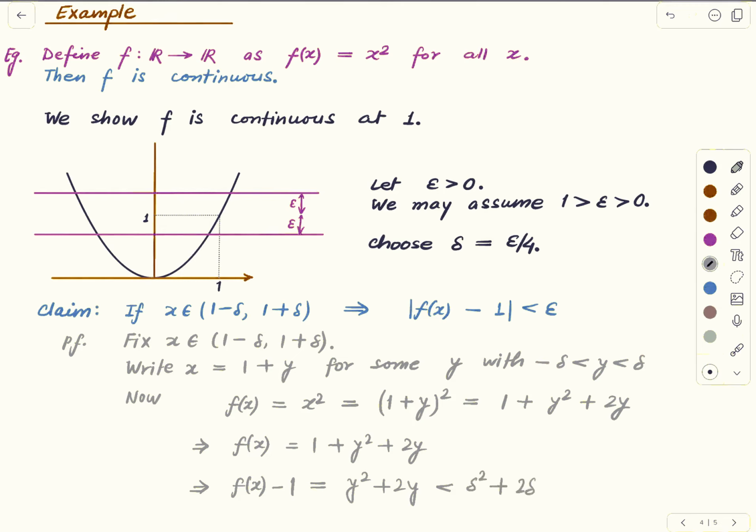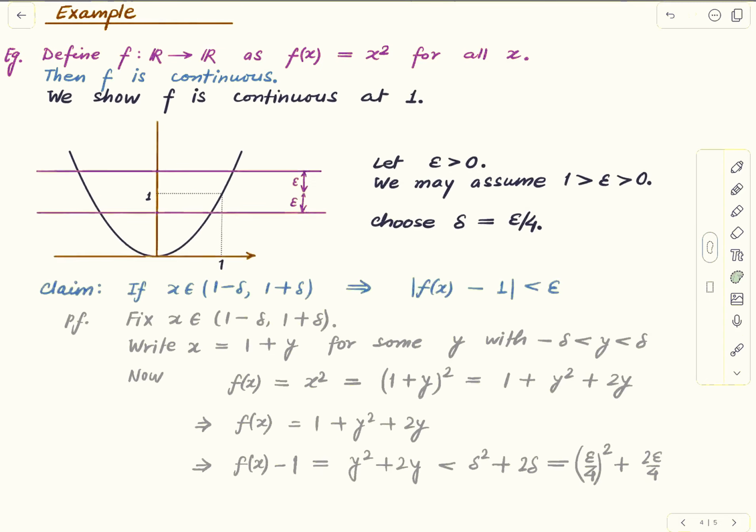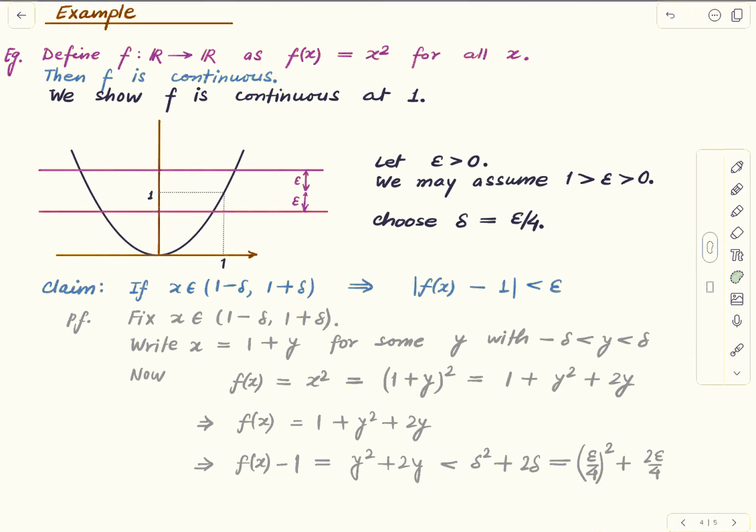But now by the choice of delta, what is delta? It is epsilon by 4. Okay. And unfortunately, I've run out of space. So let me try to make some. All right. So what is this thing? This is equal to this.